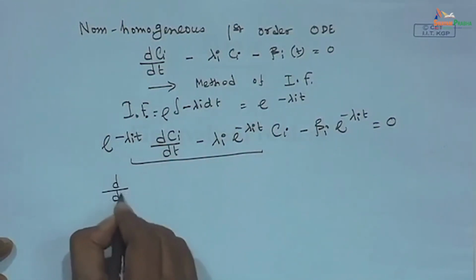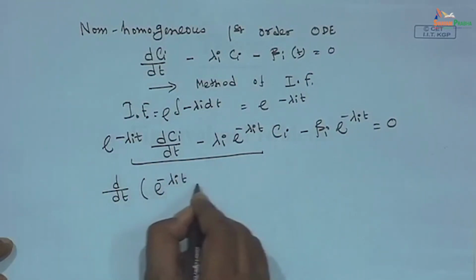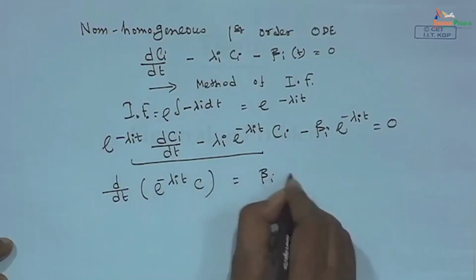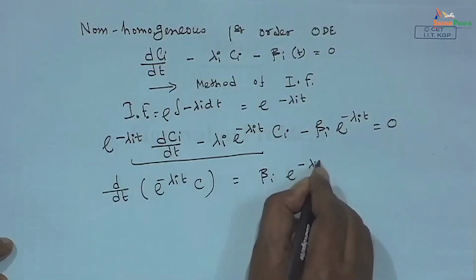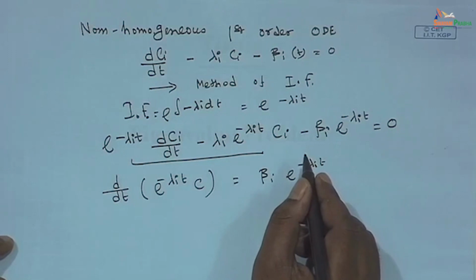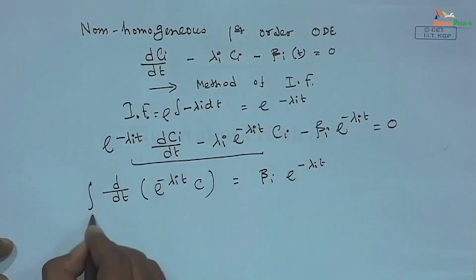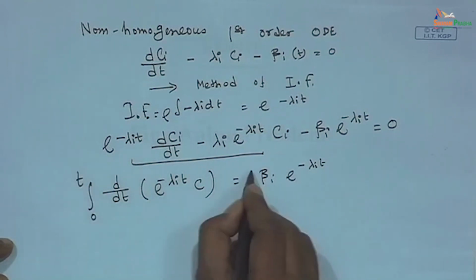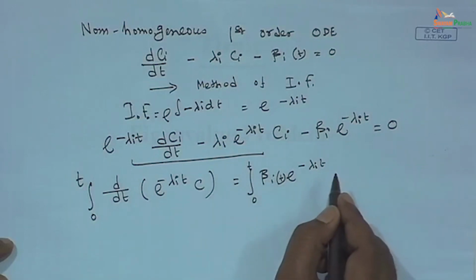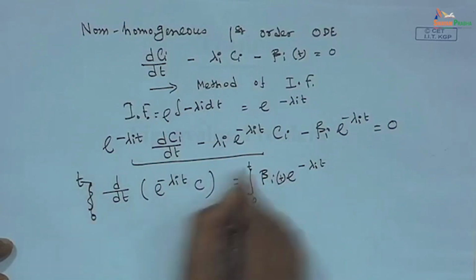So, it will be d/dt of e to the power minus lambda_i t times c_i is equal to beta_i e to the power minus lambda_i t. So, we can integrate this out from 0 to t. beta_i is in general a function of time.